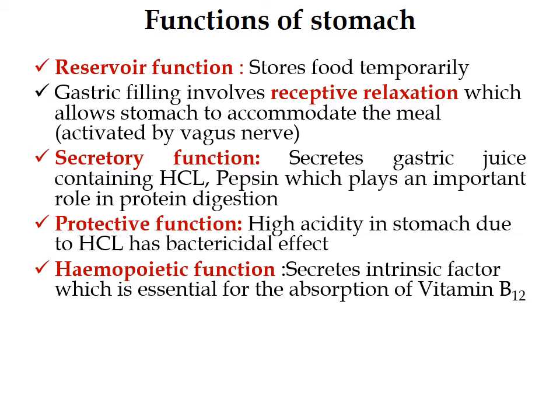So, shall I tell an example? If a patient has a partial gastrectomy, half of the stomach is removed, probably because he has a gastric carcinoma, right? Half of the stomach is removed. In that case, there is a deficiency of the intrinsic factor released from the stomach, and as a result, this patient will not have enough vitamin B12. What will be the result?